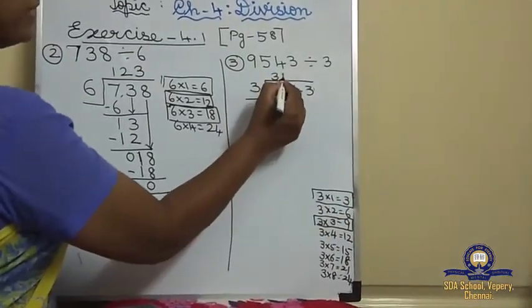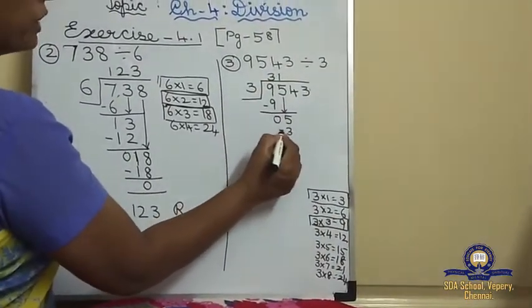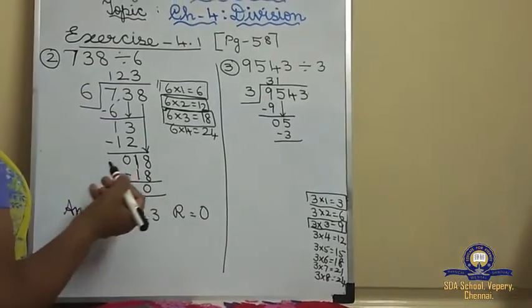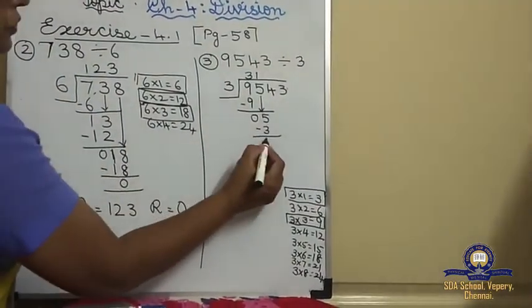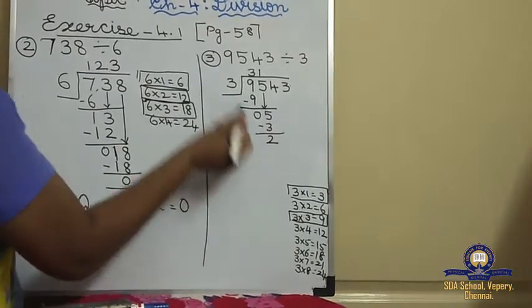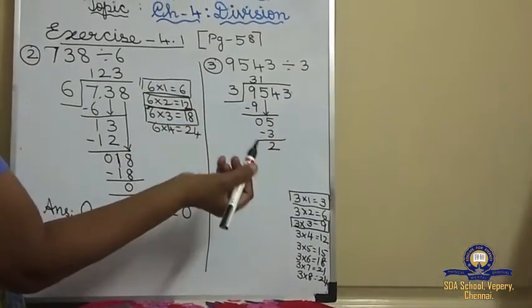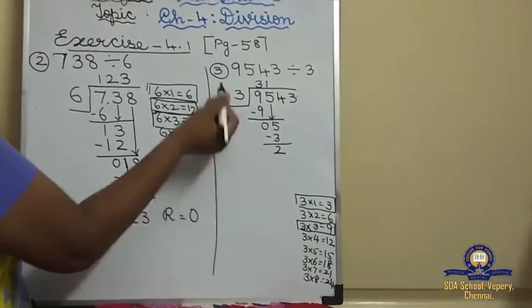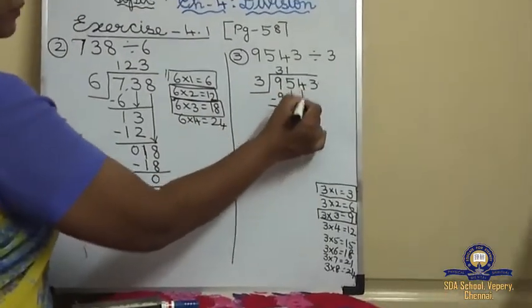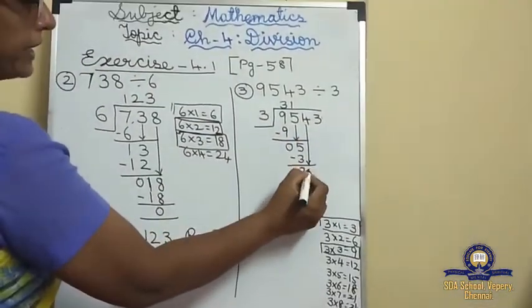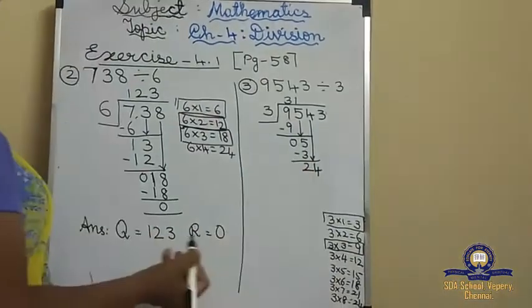So what you have to write? 3 1s are 3. So 5 minus 3, what's the answer, children? 2. So 2 is smaller than 3, isn't it? So we can't divide it. So what you have to do? You have to bring down this 4. So what does it become, children? 24.